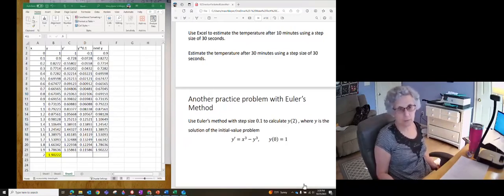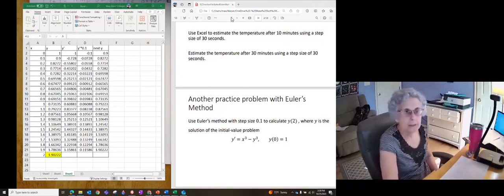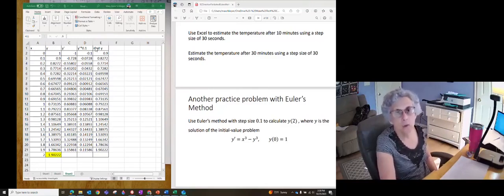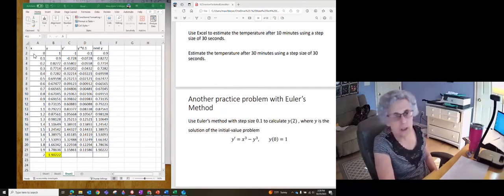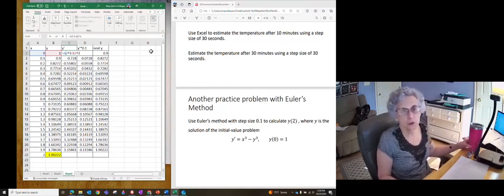How'd you do? Did you get it? So first thing I did was I set up my headers: x, y, y prime times the step size, and then next y. My first initial condition, x was 0, y was 1. Y prime was equal to x cubed minus y cubed.